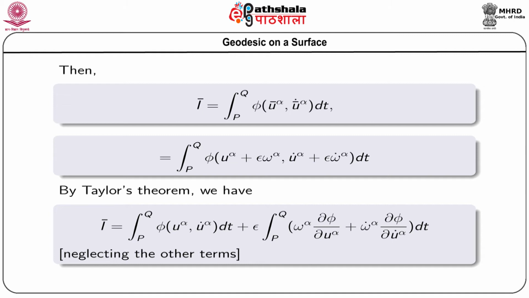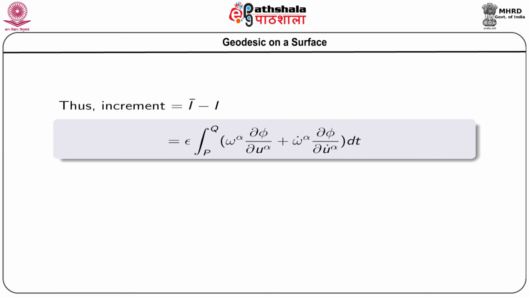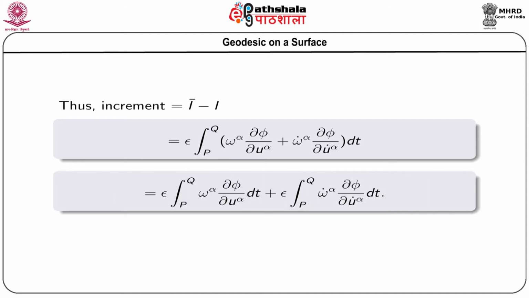And here the higher order terms have been neglected, because they are very small quantities. Thus, the increment I bar minus I can be written as ε times the integral from P to Q of (ω^α ∂φ/∂u^α + ω̇^α ∂φ/∂u̇^α) dt.